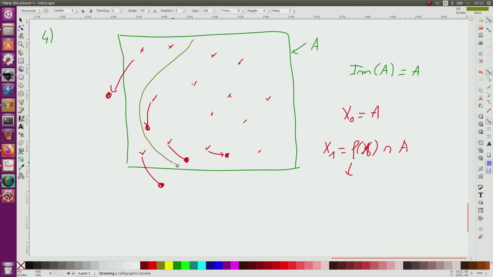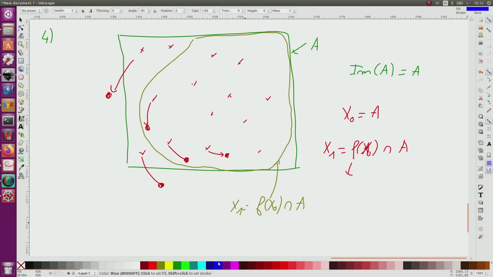So it may correspond, for instance, let's say, to this set. So this corresponds to f of x0 intersected with A, and it corresponds to x1.